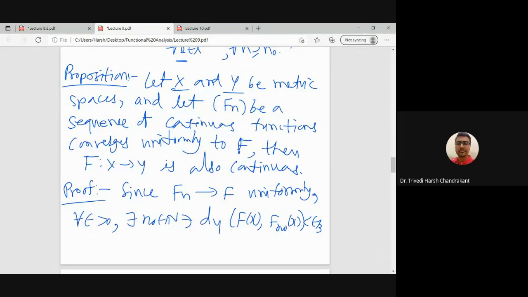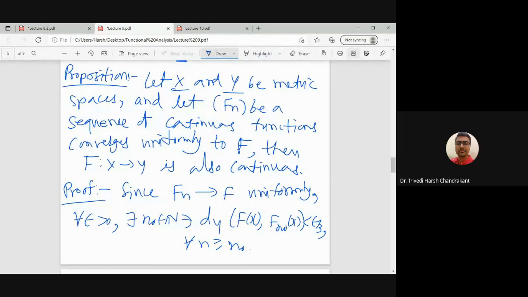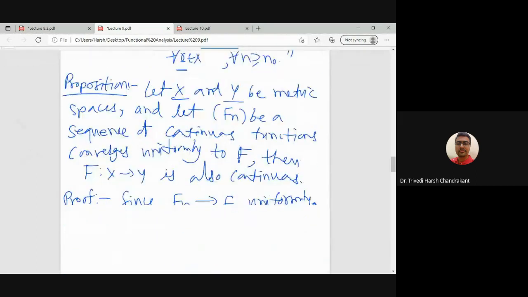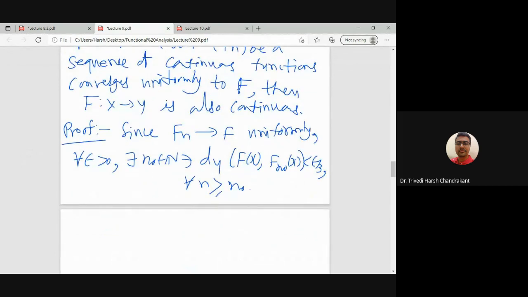Instead of taking epsilon, we are taking epsilon by 3. So this is true for all natural numbers bigger than or equal to n naught, and in particular, this is true for n naught itself.